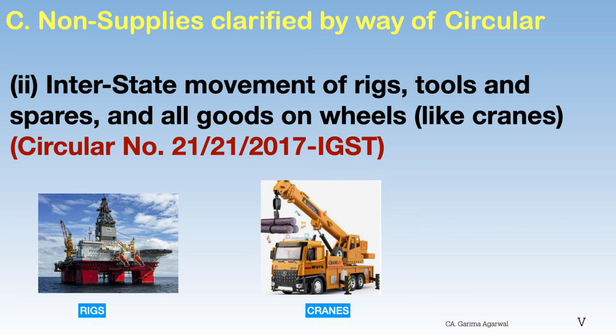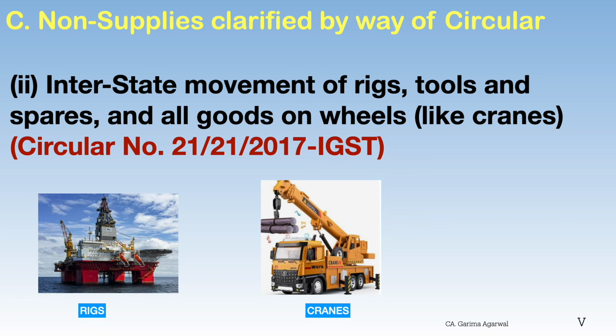So this circular applies only when the movement is not for further supply of the same goods. So again, if there is no further selling of those things, then only this protection of non-supplies on these movement will be applicable. So if the movement is for the purpose of selling the rigs or crane or tools, etc., then IGST becomes applicable.